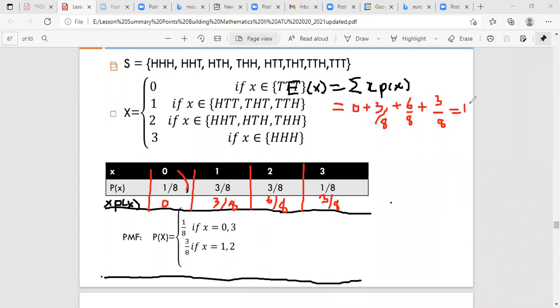So we have 12 over 8. But 8 goes into 12 one whole number and 4 over 8, so that would be 1.5. So that is the expectation of the process. And like we said, expectation is also the mean.